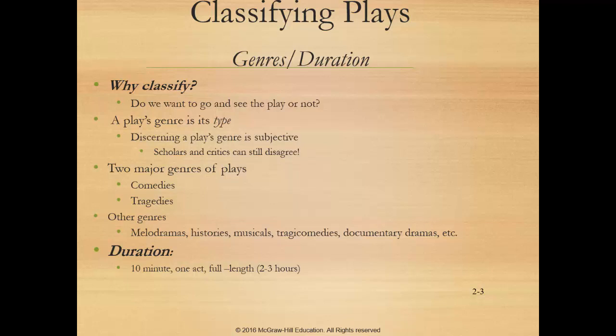Matter of fact, a lot of modern audiences don't want to sit for 2 or 3 hours to watch something. Back in Shakespeare's time, all plays were divided up into 5 acts. So a full-length play was a 5-act play. In the early 1900s, a full-length play was a 3-act play. All plays were divided up into 3 acts.